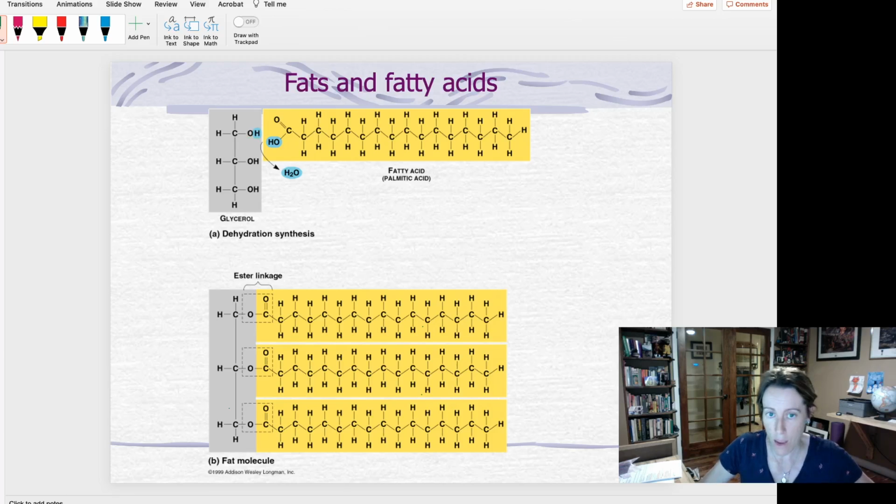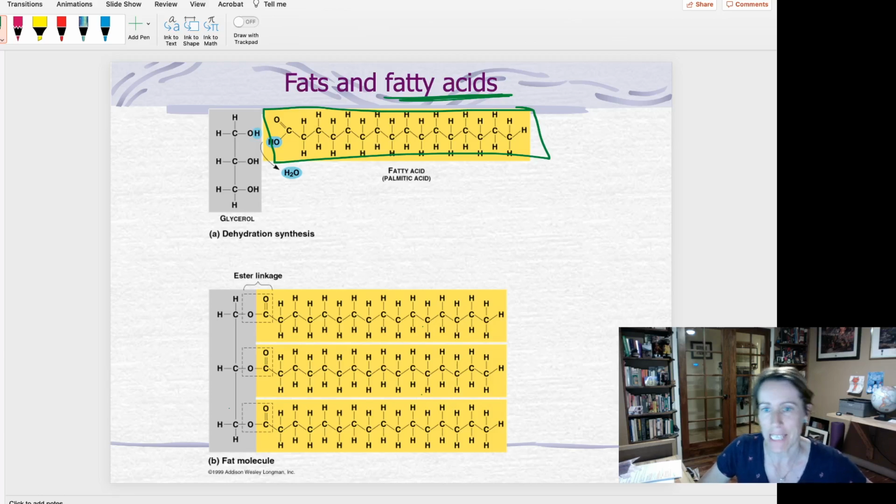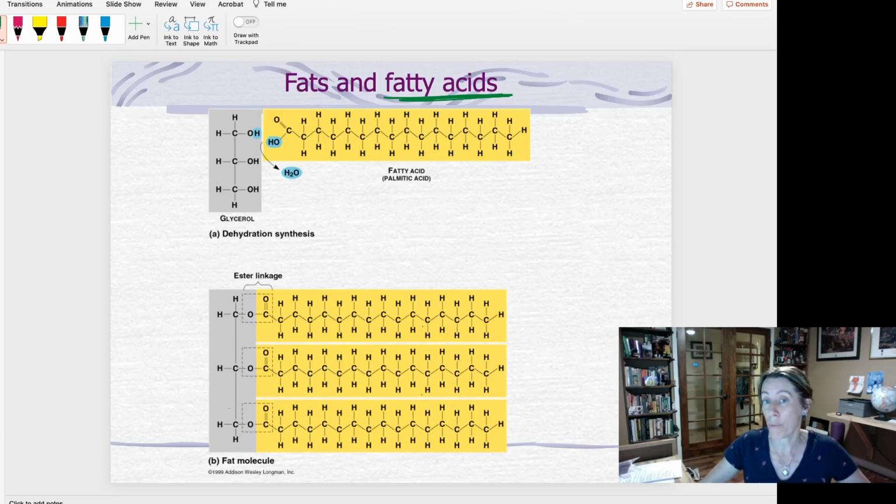The next thing we're going to need to build a triglyceride is something called a fatty acid. And this molecule outlined in yellow here, this is one fatty acid. I know it's a strange name, a fatty acid. To recognize a fatty acid, they also are pretty distinctive. They have a long carbon and hydrogen chain. You see the carbons, and all the carbons have all these H's. So all there is here is tons of C's and H's in a long chain.